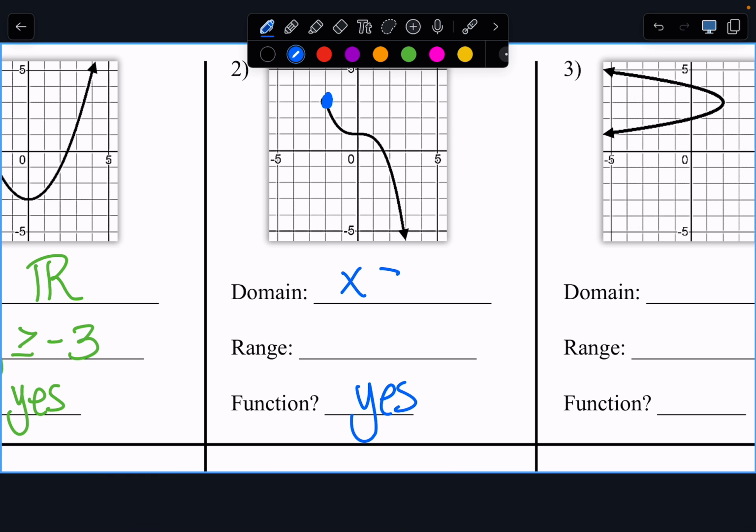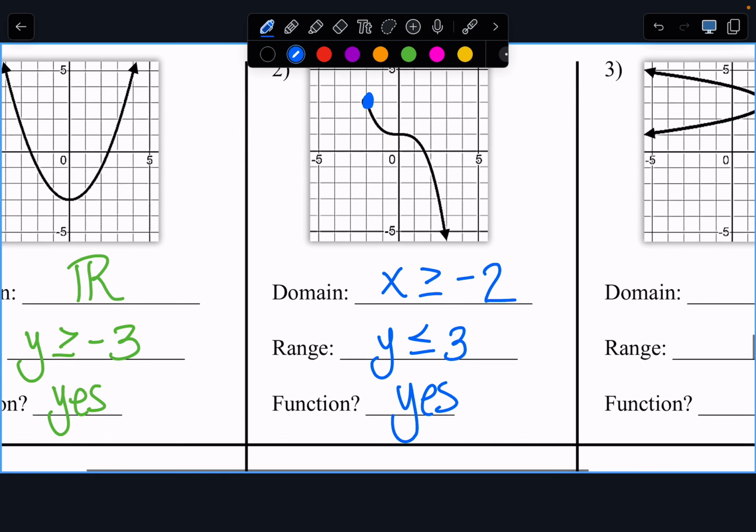So x is bigger than or equal to -2. What about our range? We have a starting point at -2. Y values, guys, y values. 3. And are we bigger than 3 or smaller than 3?